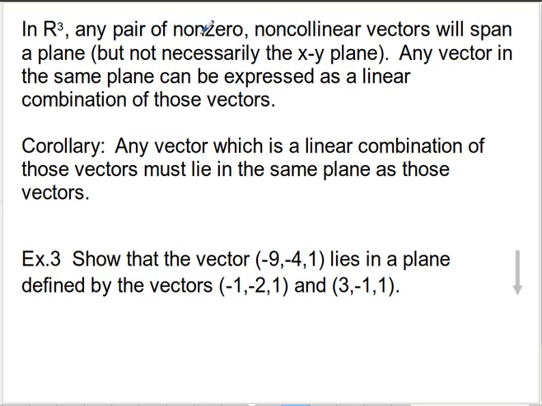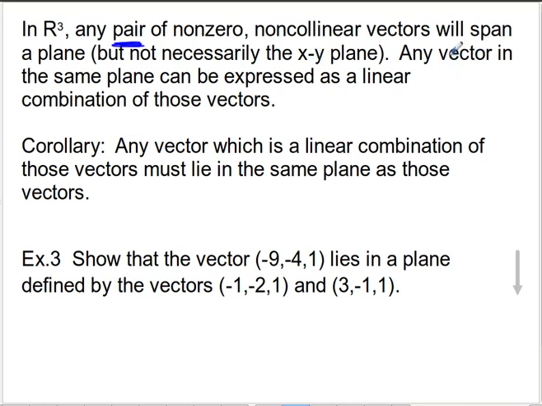In R3, same thing is true. If I have a pair, it is only two vectors. If I have a pair of non-zero noncollinear vectors, they will also span a plane. It won't necessarily be the xy plane, which was the case in R2, but they will form this plane.